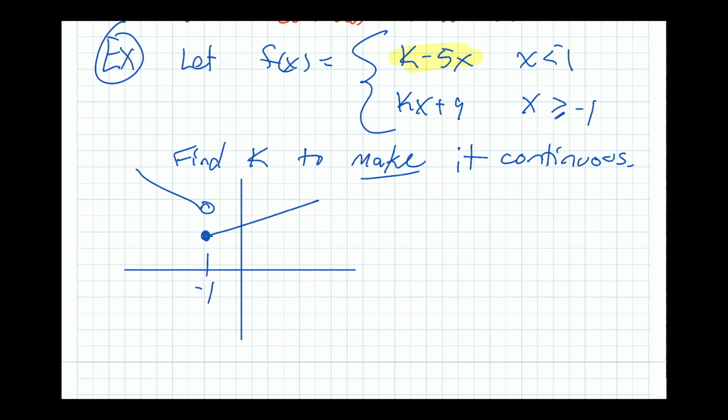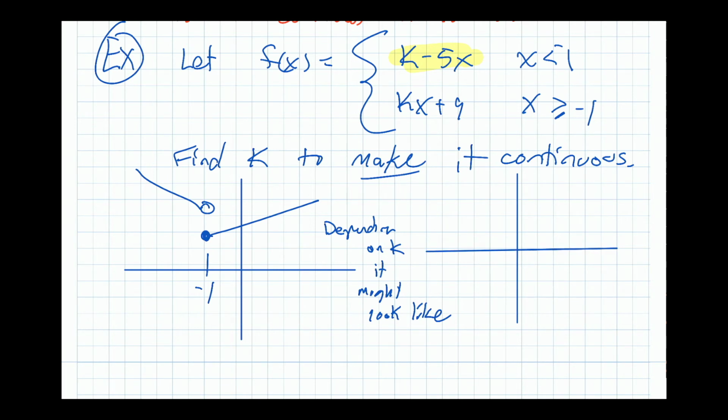But depending on k, it might look like this. Oh, that's crooked, but I'm not fixing it. If you pick the right k, then instead of being like this, where there's a gap, you might get lucky and they just match up perfectly. Okay, so this would be the wrong k value, and this would be the right k value.